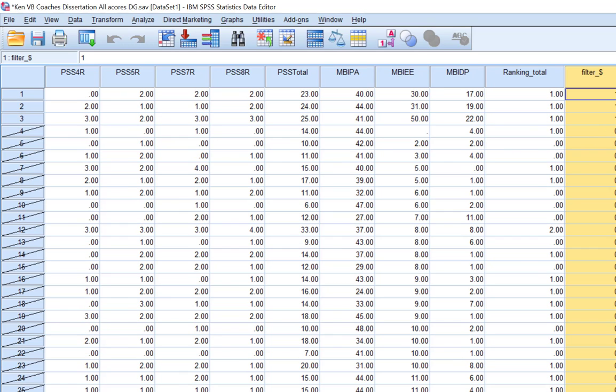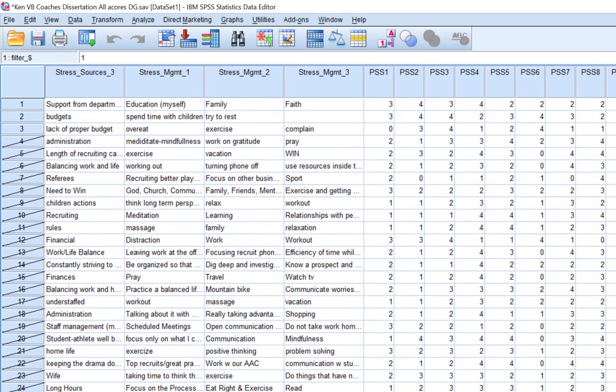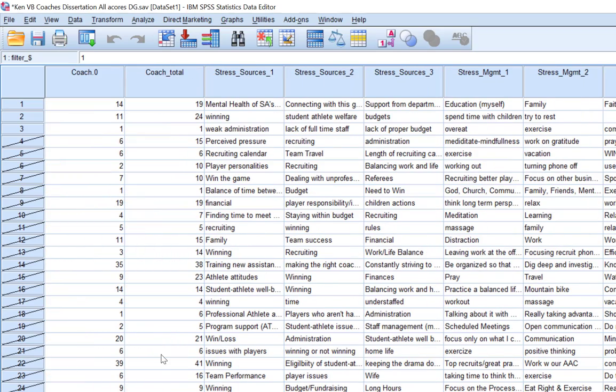Alright, let's see who these 3 people are. Stress management: faith, family, education. So mental health of student athletes is number 1, followed by connecting with first generation support from the department. Next one is winning, student athlete welfare, budgets, and then administration, loss of full-time staff.